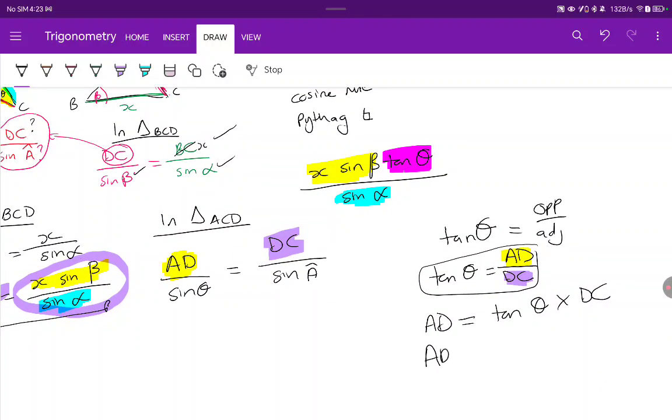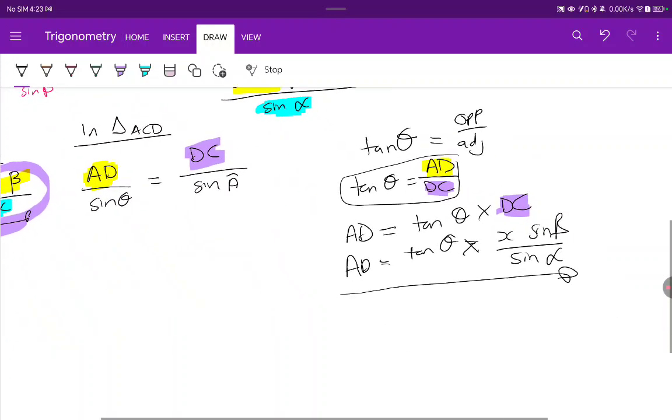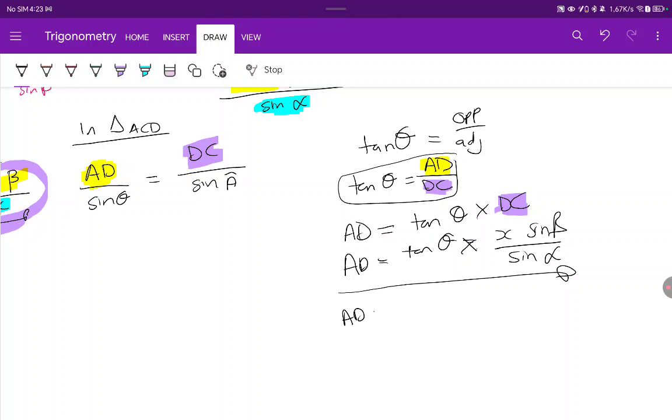DC is over here in purple. So I'm multiplying tan of theta here with x sine beta over sine alpha. And that is exactly what the question is asking us. That is the proof. So if I rewrite it, AD is equal to x sine beta times tan of theta divided by sine of alpha.